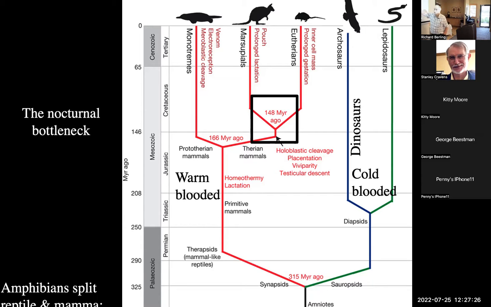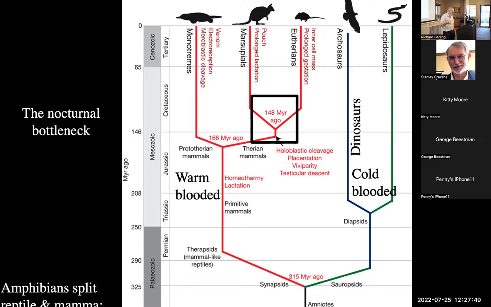Now, it's controversial, but there are a number of paleontological reasons to believe that even back in this era, the animals that were in the lineage that eventually would become mammals already were homeothermic, were already warm-blooded.